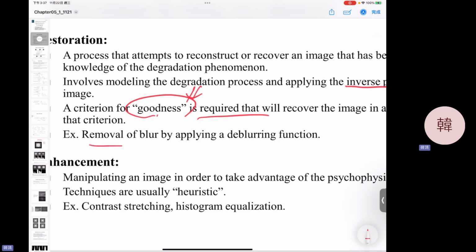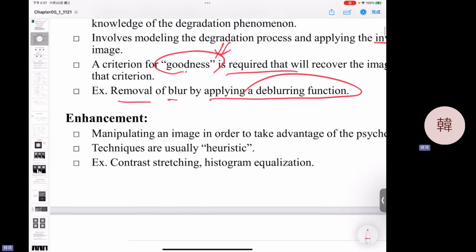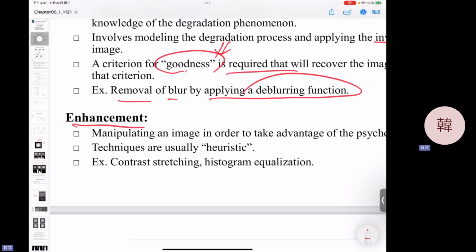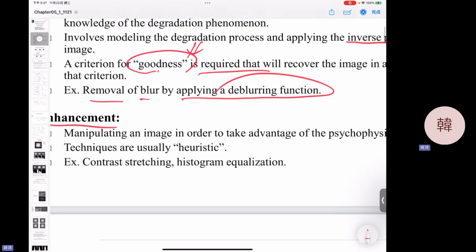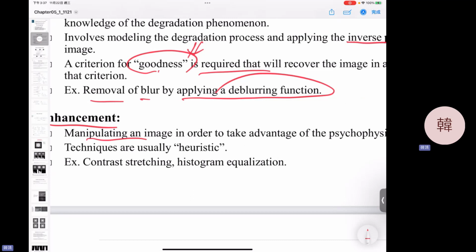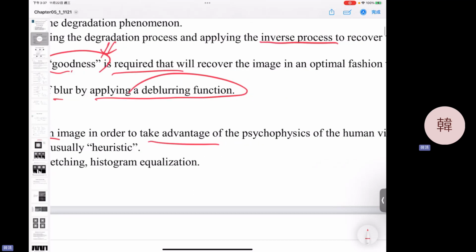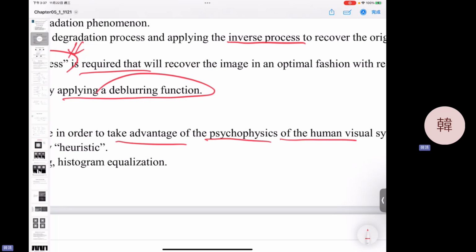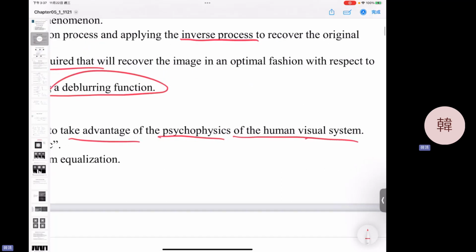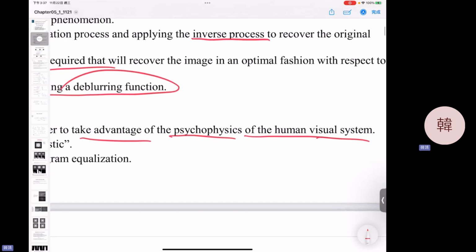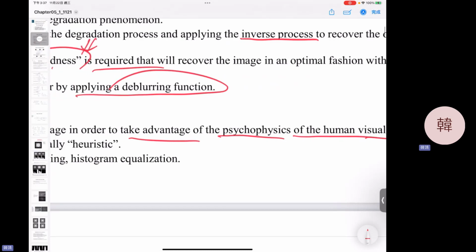Removal of blur is done by applying a deblur function, using different restoration techniques to recover the original one. The enhancement we mentioned in chapters 3 and 4 is manipulating the image to take advantage of the psychophysics of the human visual system. It depends on your psychological factors, on the subject, on the viewer.